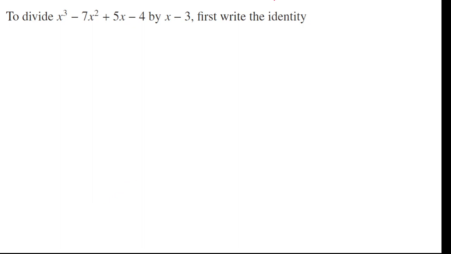Okay, now this is a different strategy to determine the quotient and remainder, instead of doing a long division. It's very useful when you deal with cubic and quadratic, so very small polynomials.